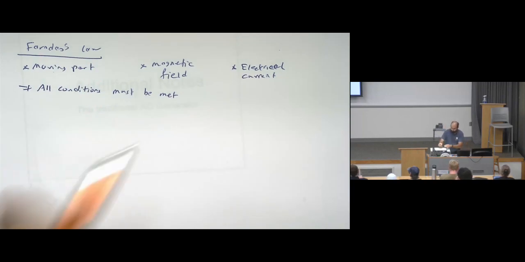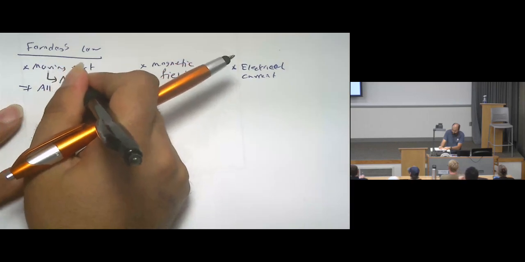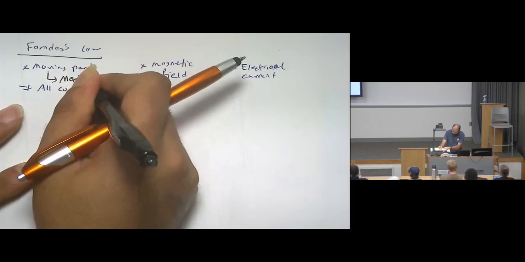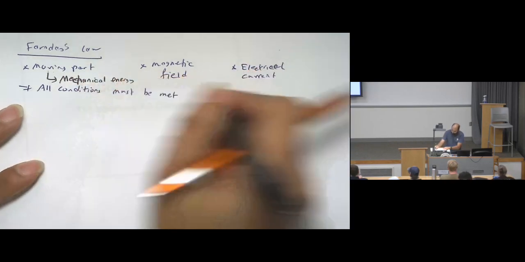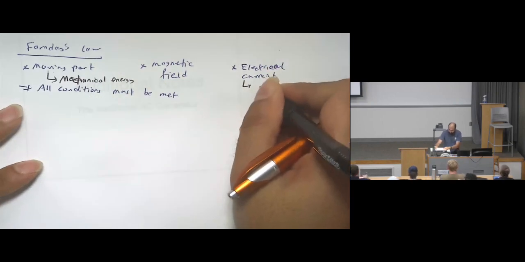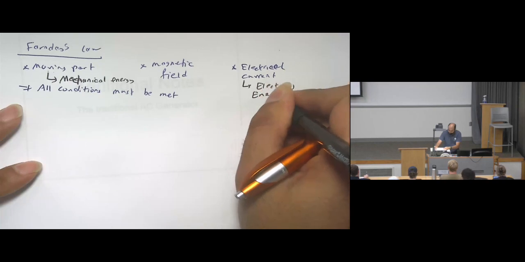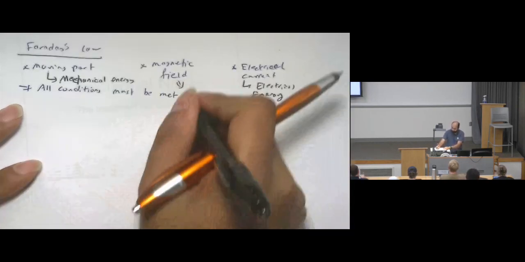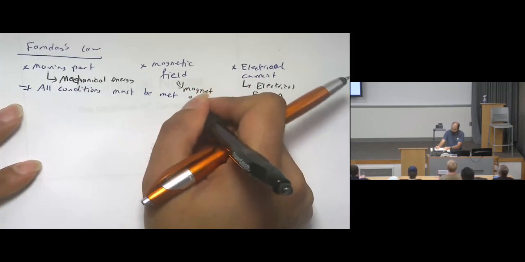The moving parts, sometimes we can say, are mechanical energy. Electrical current can be electrical energy. Magnetic field can be, for example, a magnet, or anything else.